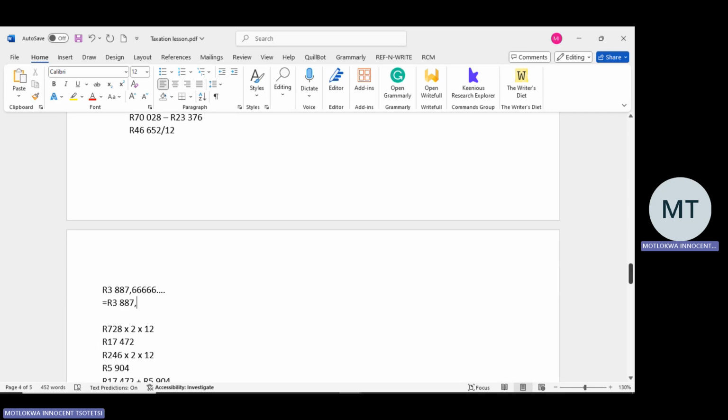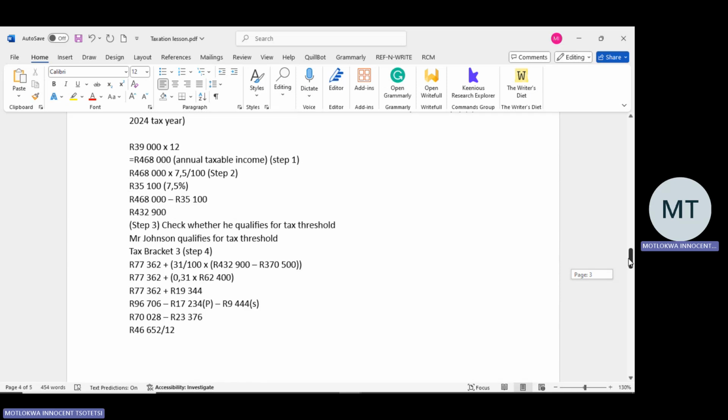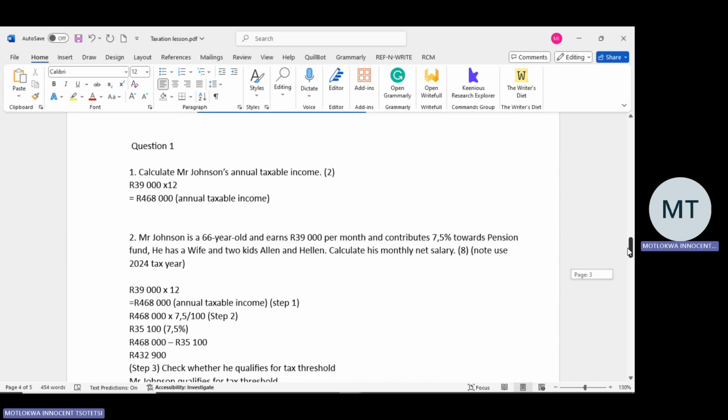Okay, so it's going to be 3,887, comma, 67 cents. Okay, this is our money after deductions, and we have converted it to monthly. So this is step number 6, whereby we are converting to monthly if specified. So now we are done with our calculations for question 1, statement number 2.